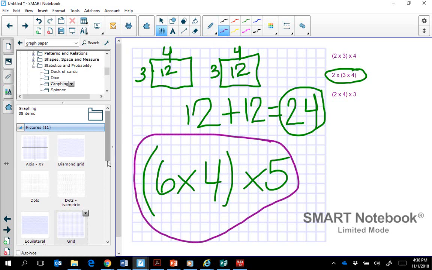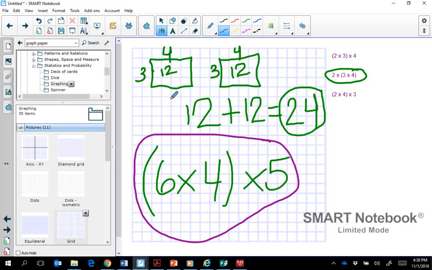You can regroup them however you want to, just like I did here, for you to solve it easier. So if you know 4 times 5 is easier for you, do 4 times 5 6 times. If you know that 6 times 5 is easier for you, do 6 times 5 4 times. That is up to you. Okay.